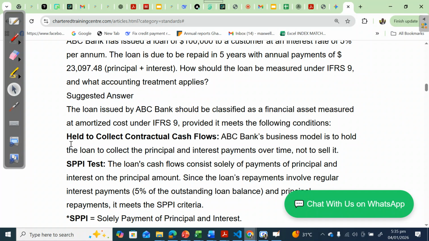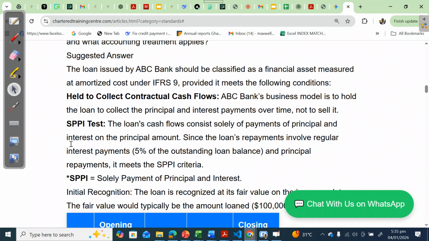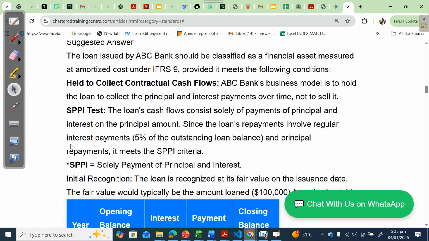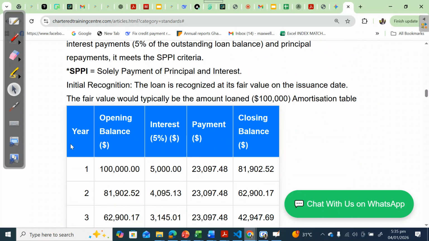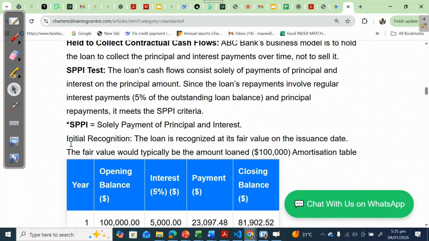Per the question, we are told that every year the annual payment is 23,097, and it is interest and principal combined. So the SPPI test is met. The contractual cash flow is made up of solely payments of principal and interest.